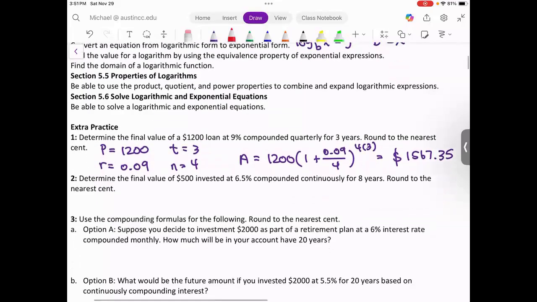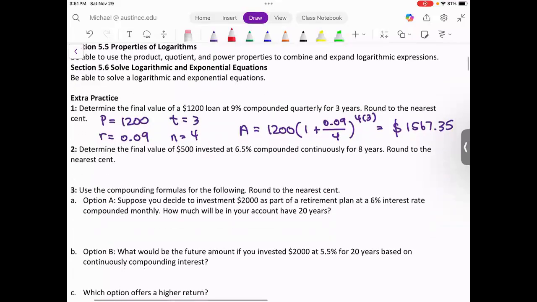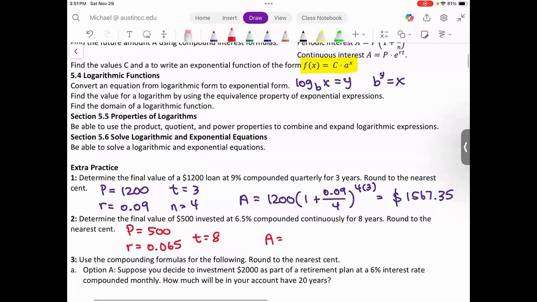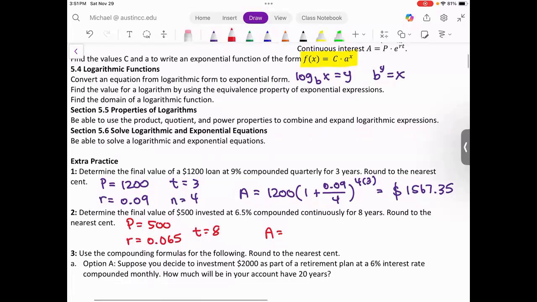The next example, determine the final value of $500 invested at 6.5%, compounded continuously for 8 years. So again, let's see what we've got. We're starting with 500. We have an interest rate of 6.5%, and it's in the account for 8 years. So we want to use our continuous interest formula, A equals P e to the rt.